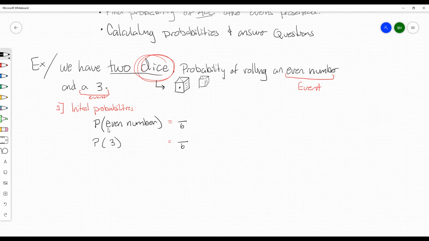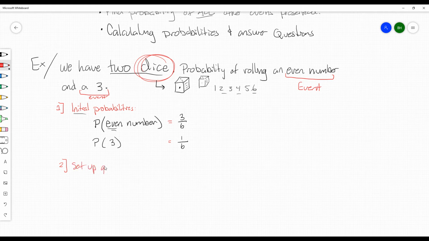Now, how many of those are actually considered an even value on the dice? Well, if the numbers go 1, 2, 3, 4, 5, 6, we see that there's exactly 3 possibilities for an even number. Similarly, there's only 1 possibility for a 3. And so here we've established our initial probabilities. We've gathered what we knew. We created those initial probabilities. Now we're ready to set up the question to answer.